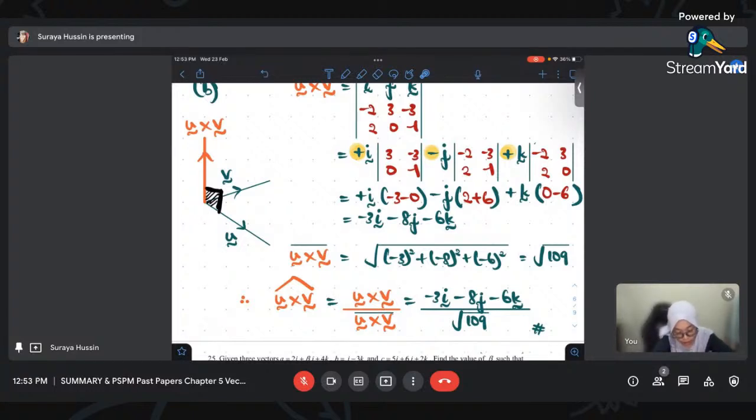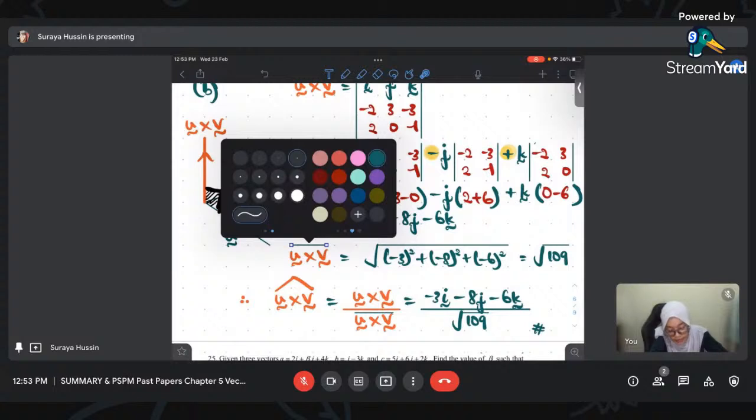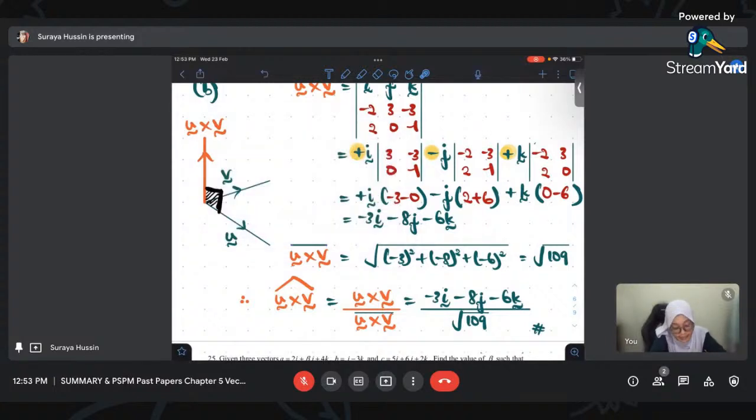And then dia suruh cari unit vector. See? Tengok tak Miss punya sungguh-sungguh buat panjang, agak panjang dia punya magnitude dekat sini. Tapi in this case sebab dia pendek, saya pun boleh juga buat macam ni. Tak salah pun. So if you look my solution here, I just put square root and I just put a line above the U cross V. I just put the line to find the magnitude, and then I got this.